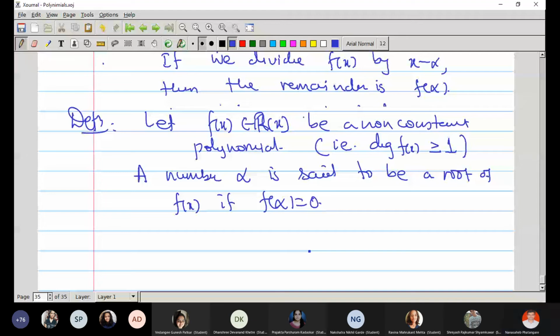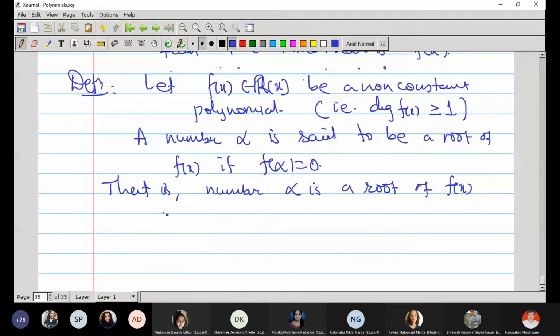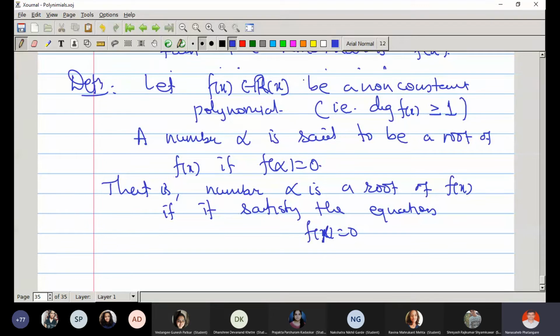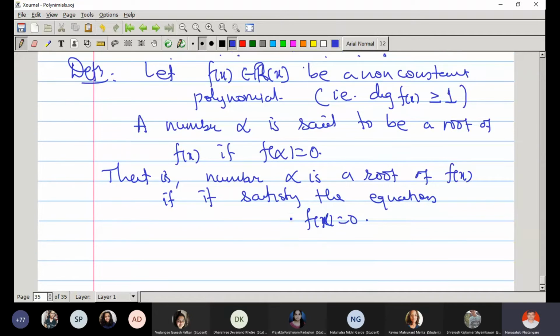That is, the number alpha is a root of f of x if it satisfies the equation f of x is equal to 0. That is the definition.